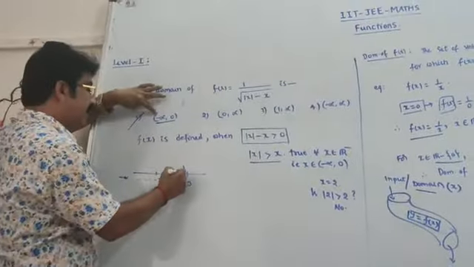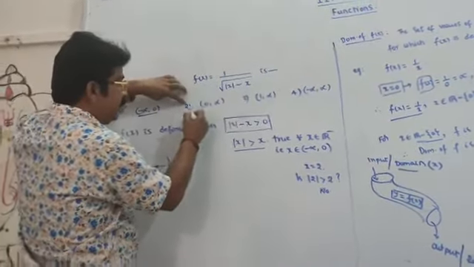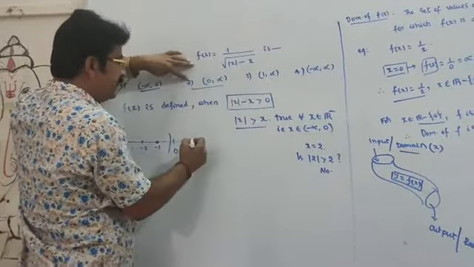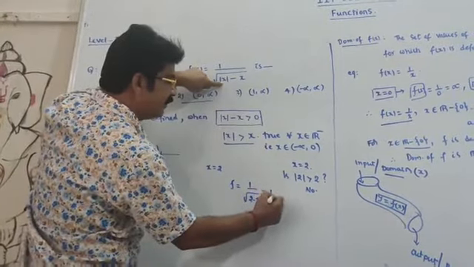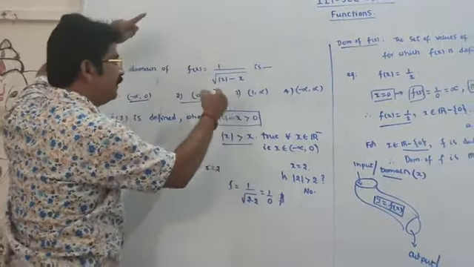If it is not equal to 0, then the first option is right. For example, go to the second option. 0 to infinity: I will take x equal to 2. Then f of x equals 1 by root of modulus of 2 minus 2, that is 1 by 0. So not defined. So this option failed.